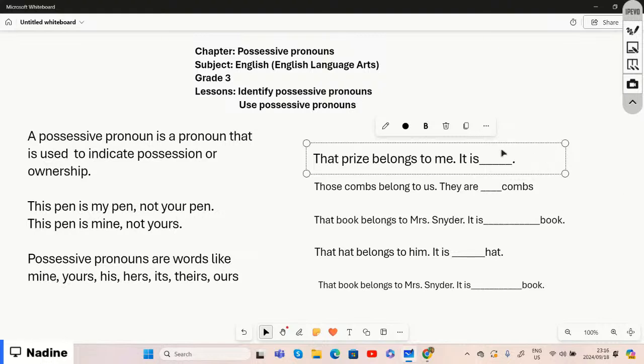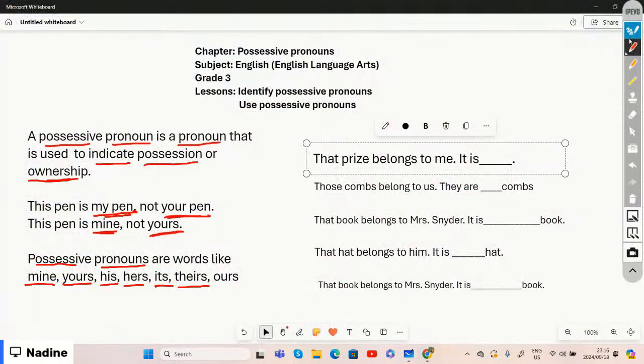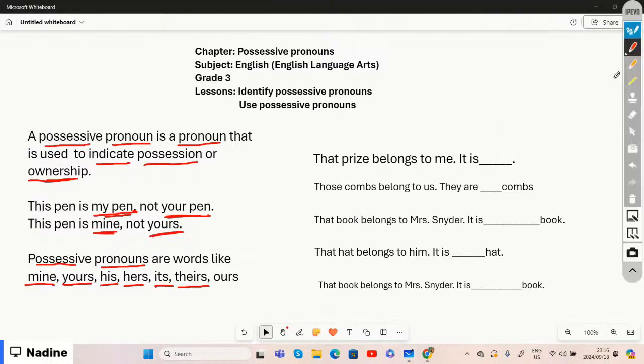All right. So now, if we look at the first one, it says that prize belongs to me. If I say that prize belongs to me, then do I say it is mine? It is yours? It is his? It is hers?